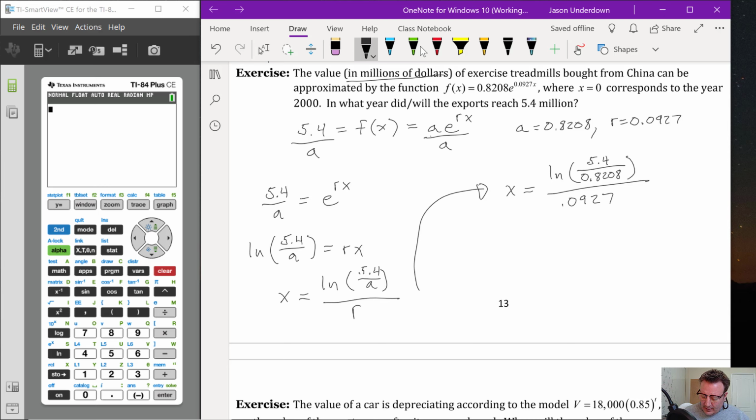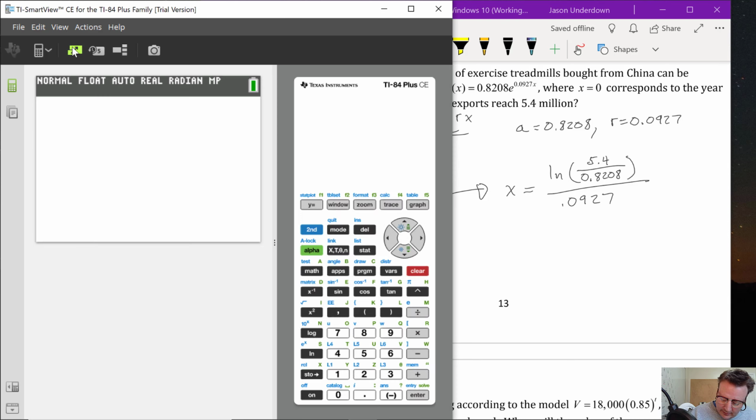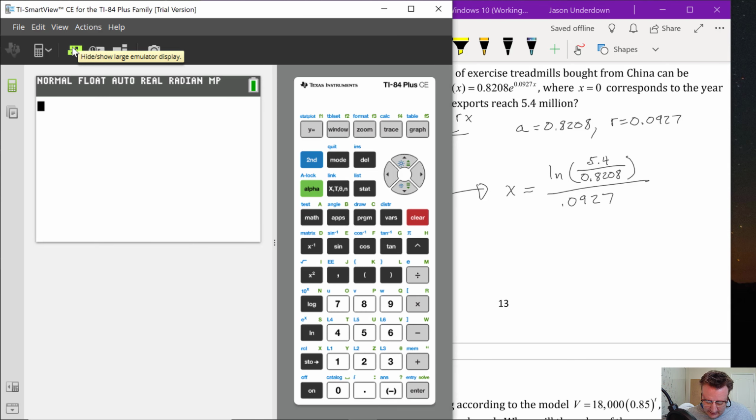Okay, and this is the expression I want to evaluate on my calculator. So let's do that. Let me expand the screen a little bit here so you guys can see better. The natural log of 5.4 divided by 0.8208, close paren, divided by 0.0927. Okay.